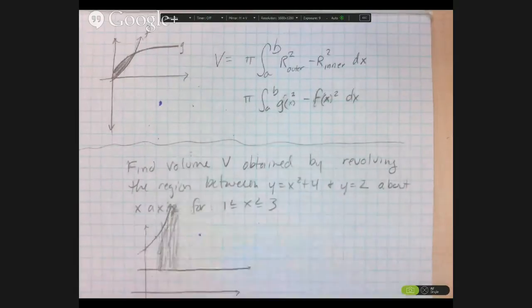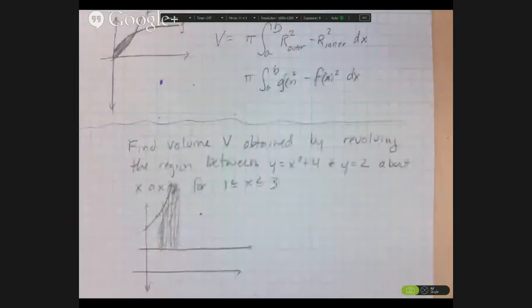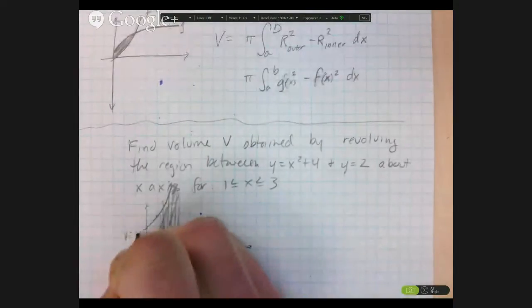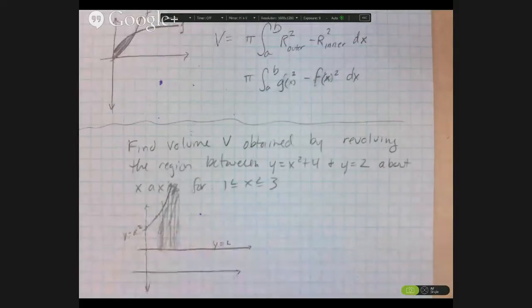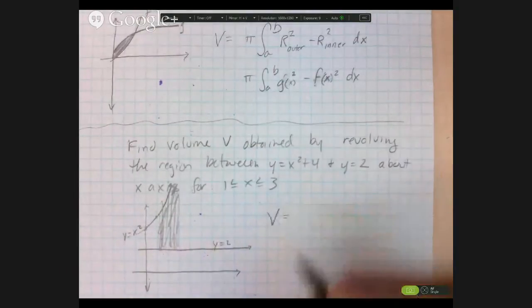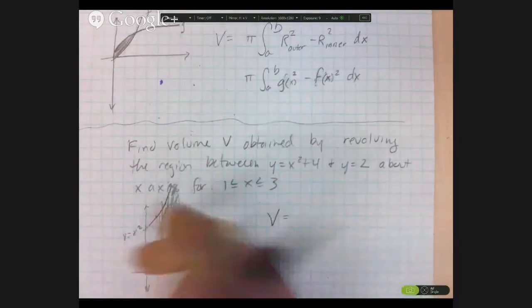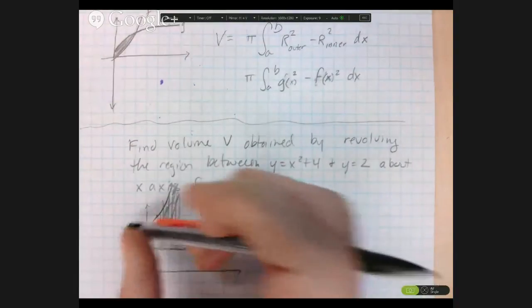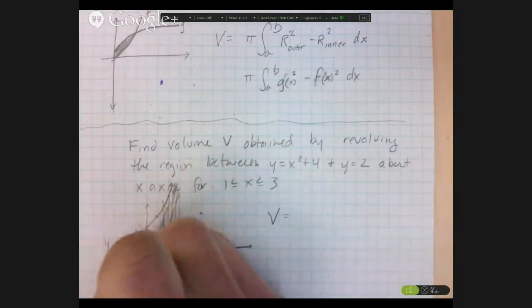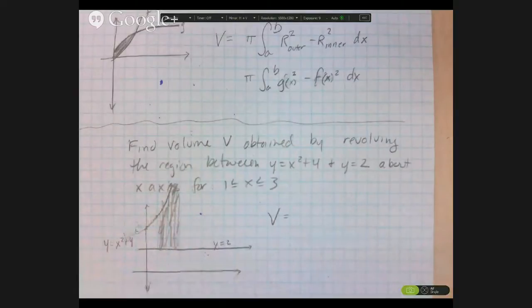And there's kind of a picture of the region. X squared plus 4 is on top, and 2 is on the bottom.